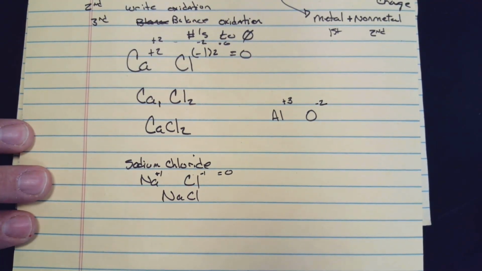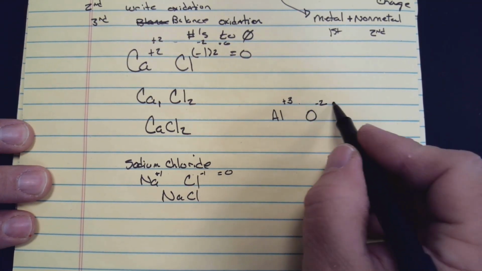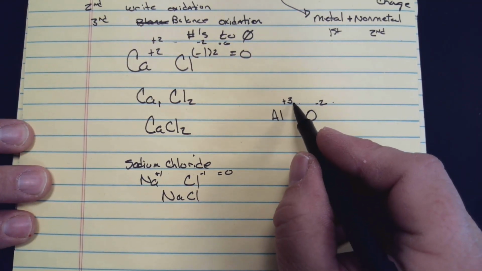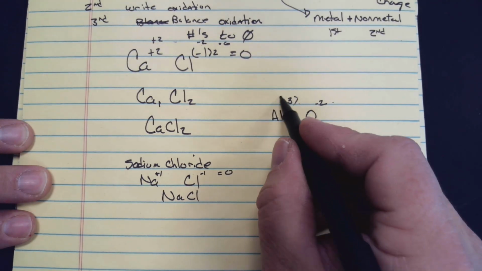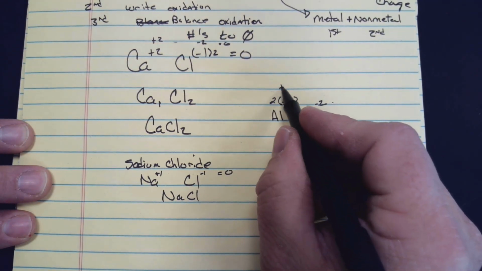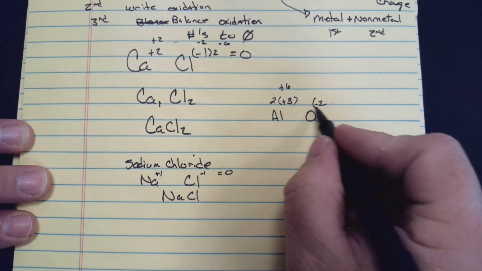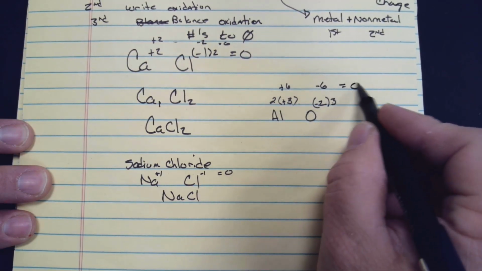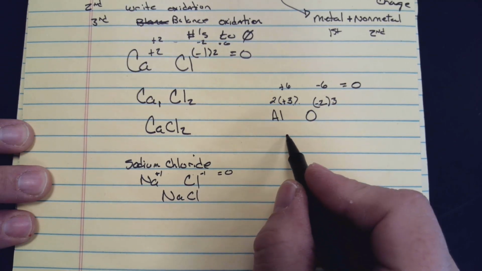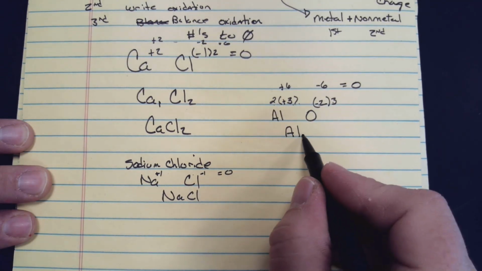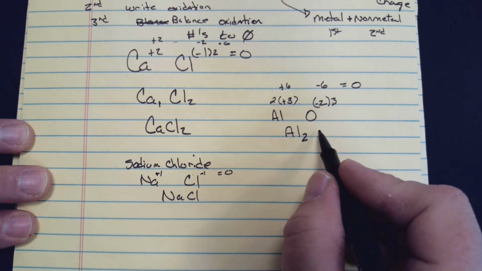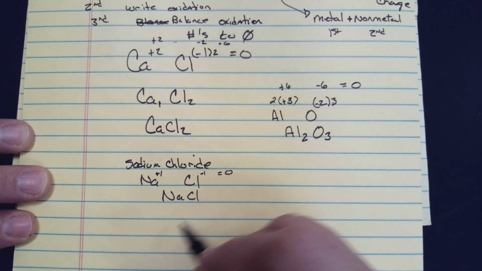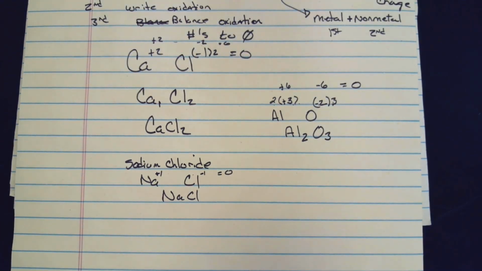So there's the oxidation numbers. The common denominator between 3 and 2 is 6. So that's a +6. I need 3 of those. That's a -6. That now equals 0. My chemical formula, I used 2 of those. I used 3 oxygens, and that is my chemical formula.